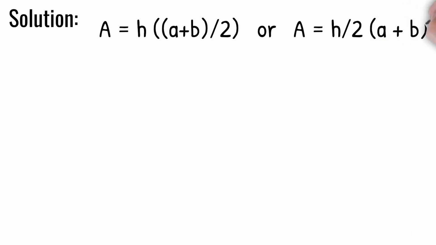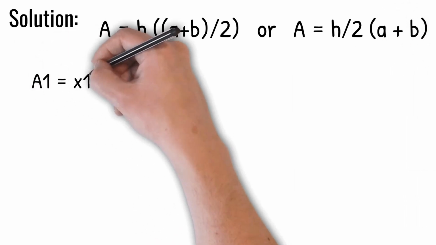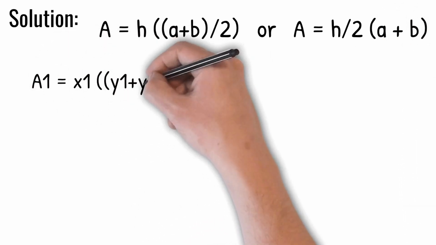Here is the solution using the formula for Area 1 and Area 2. The result will be in square units.